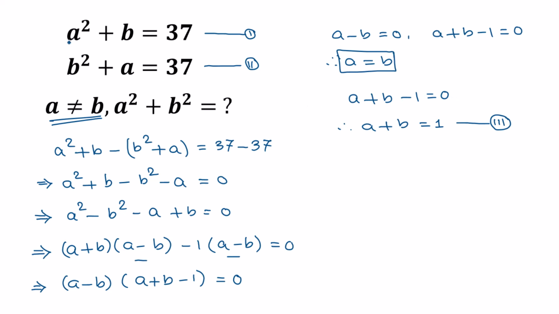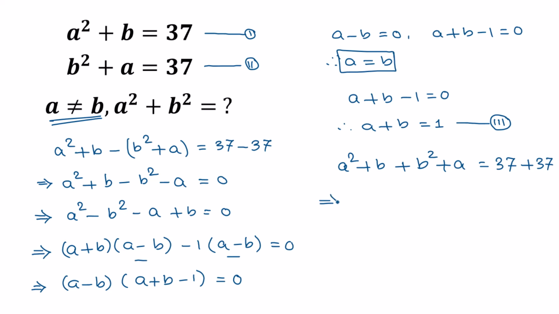Now adding equation 1 and equation 2, we will get a square plus b from equation 1 plus b square plus a from equation 2 is equal to 37 from equation 1 plus 37 from equation 2.